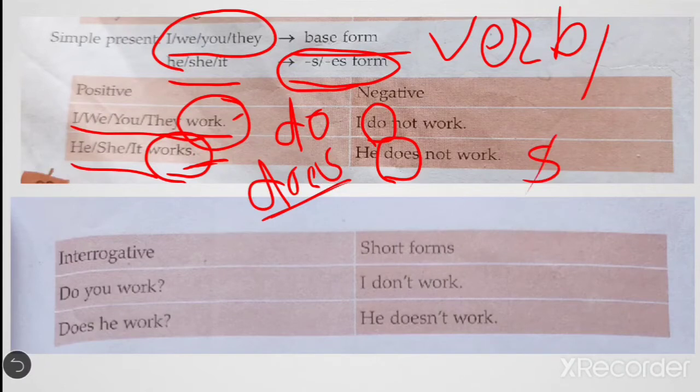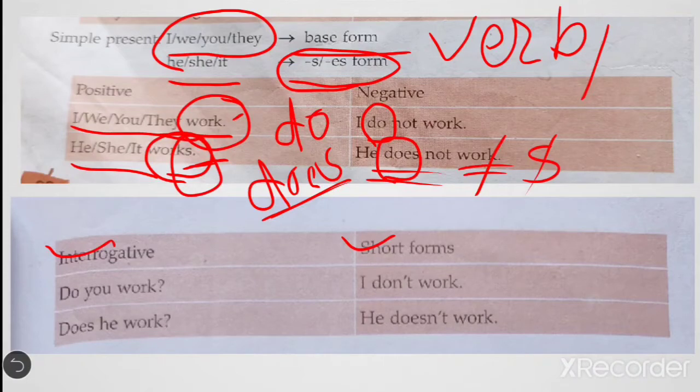Look at here. Earlier it was using s here. But when does is already here, that time s is removed. Only work. I do not work. He does not walk. He does not walks is wrong. He does not walk. Now look at interrogative and short forms.